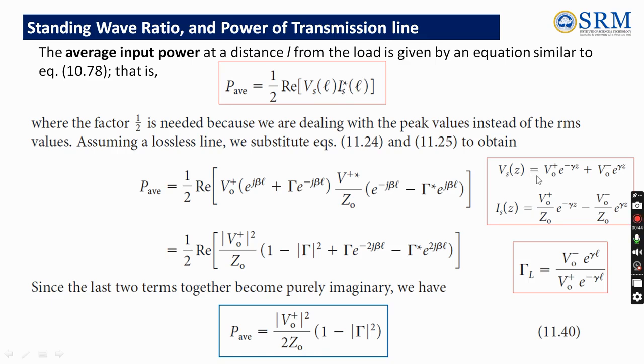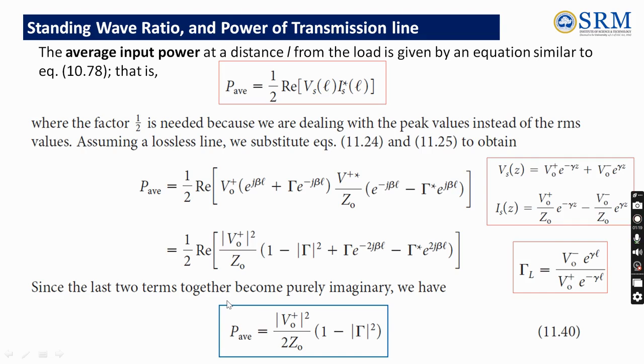This we already computed in the previous session for finding the input impedance. We substitute it along with the condition that the reflected voltage is written in terms of the reflection coefficient and incident voltage. Since it is a lossless line, we take gamma as j beta, considering alpha as 0. Doing the conjugate multiplication, a into a star is the magnitude of a squared.